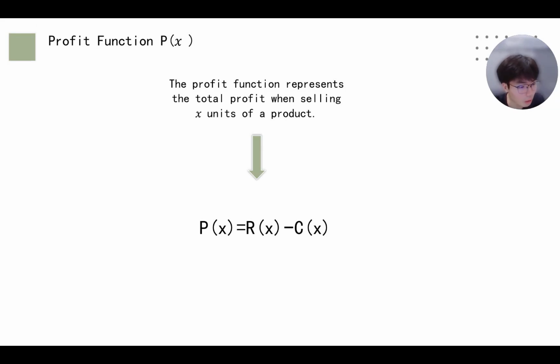Then we can go to the next, the profit function. Maybe we are familiar with profit, and the profit function represents the total profit when selling x units of a product. Because profit equals revenue minus cost, the profit function equals revenue function minus cost function.